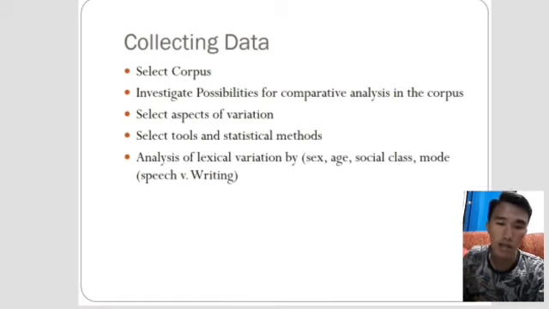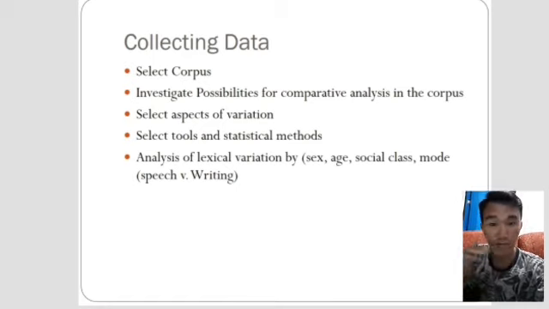So how to collect the data? We get the data in the corpus. The first one is that we have to select a corpus. As I mentioned before, some researchers said that this is really useful when we want to do research. We use appropriate tools, and corpus is used by a lot of research in the world.